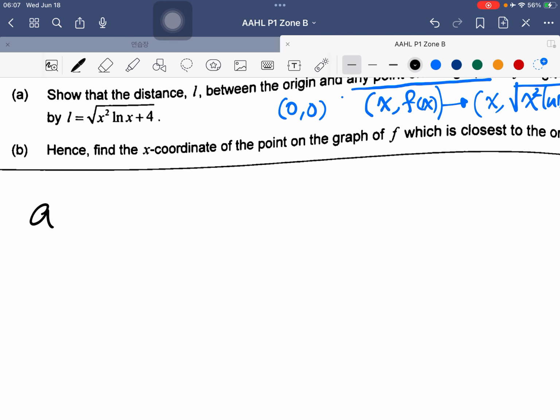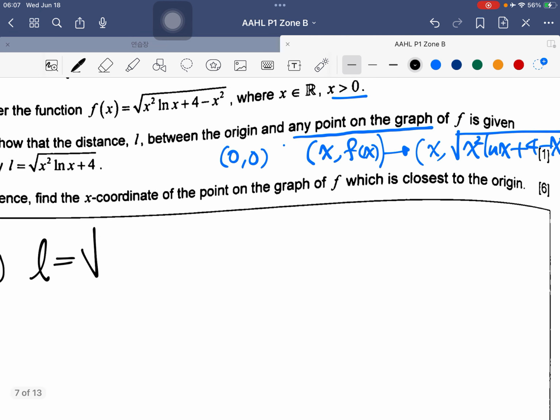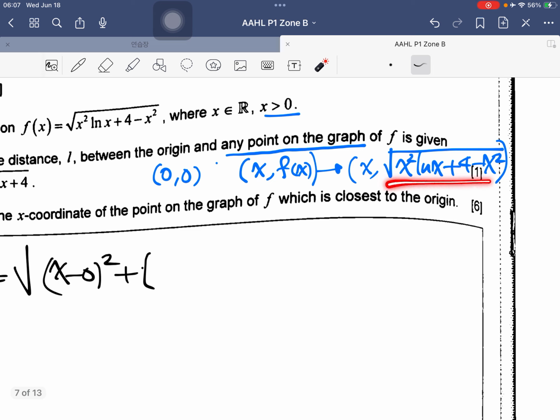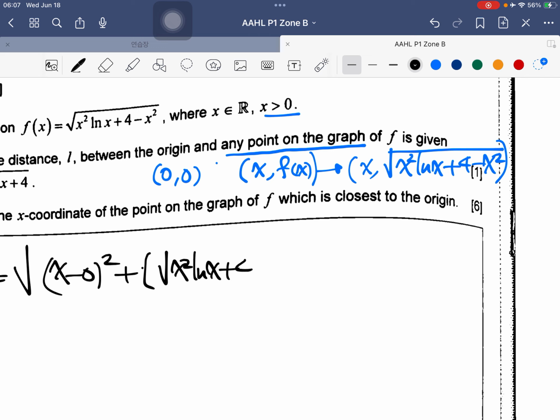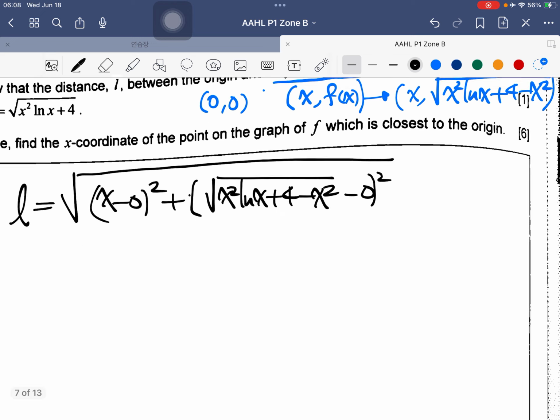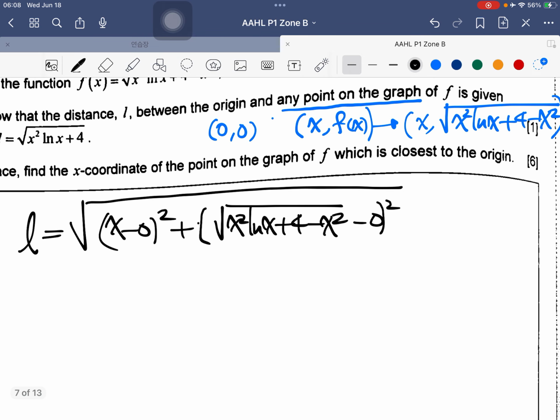So distance L can be defined as the square root of x2 minus x1 squared, so we get x minus 0 squared, plus y2 minus y1 squared. So the square root of x squared ln x plus 4 minus x squared, minus 0 squared. This is the distance between the origin and any point of the graph.